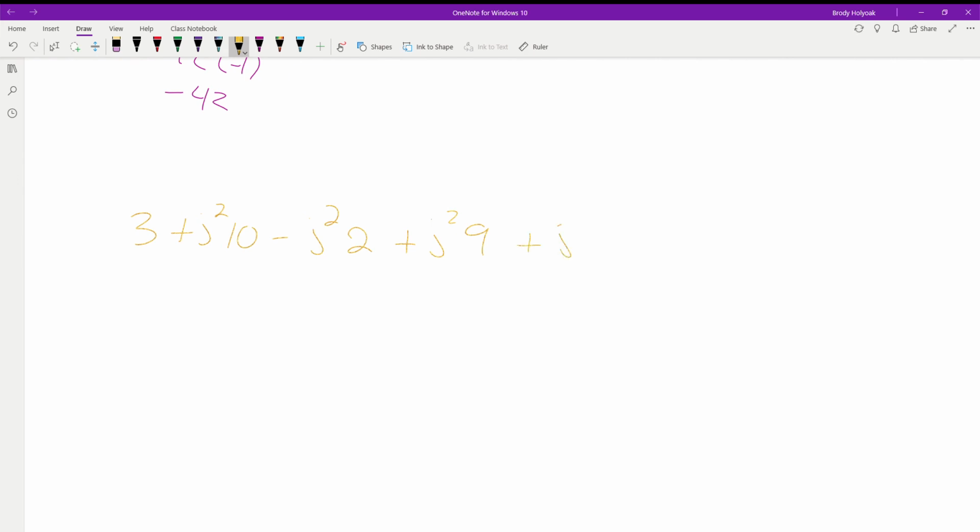What's the final answer? What do j squareds become? Negative ones.